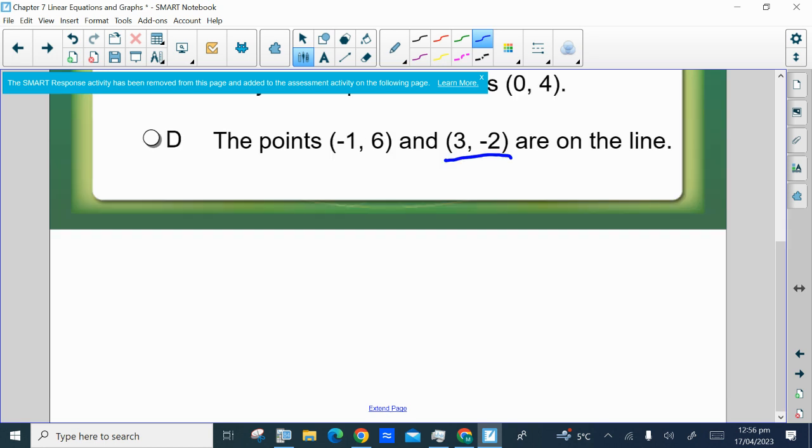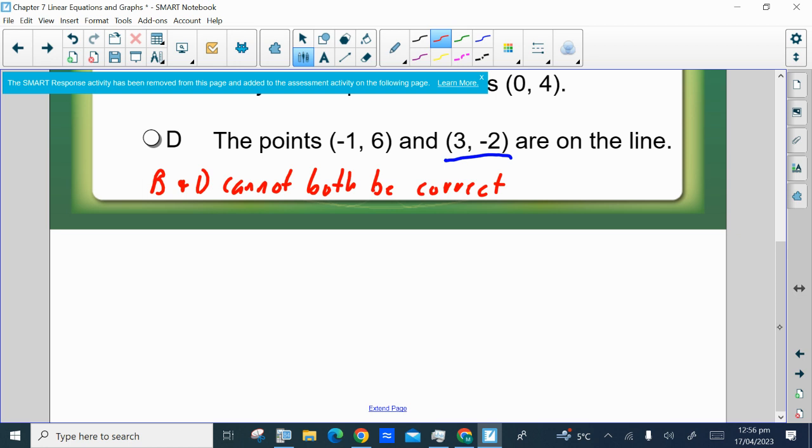So one thing we know for sure is that B and D cannot both be correct, because they state the same x value but different y value. So they can't be correct.